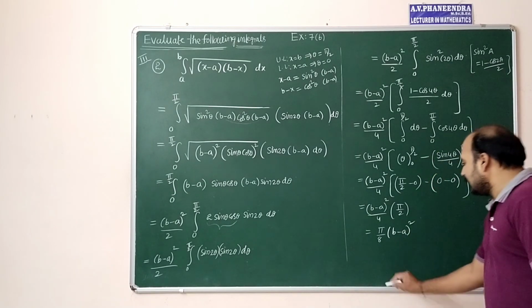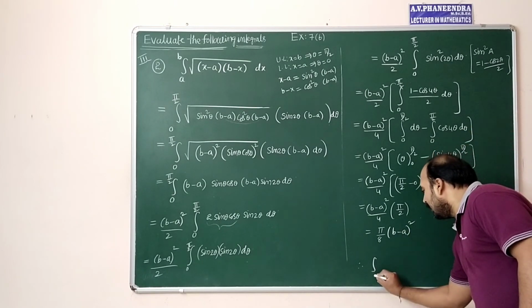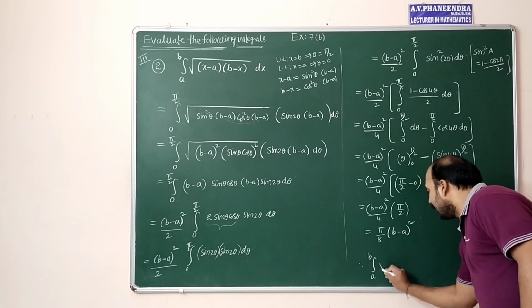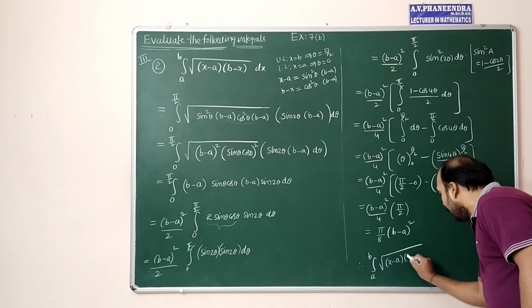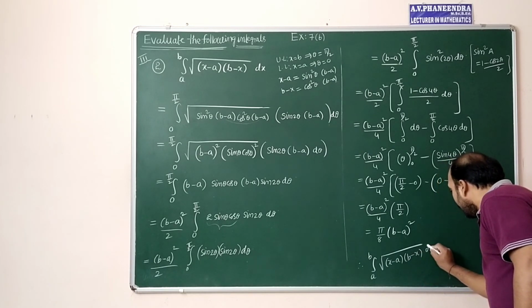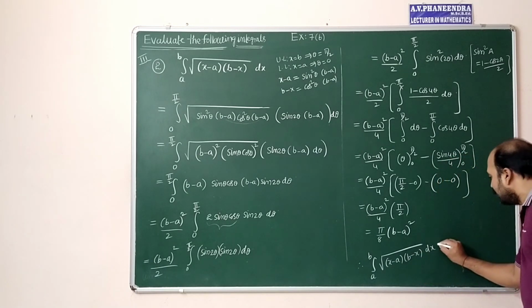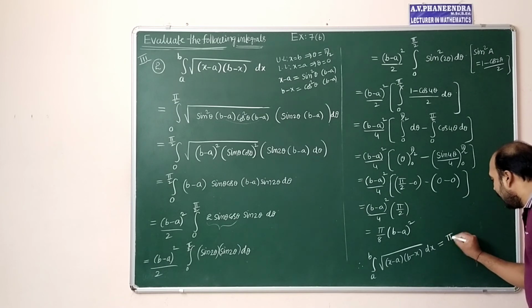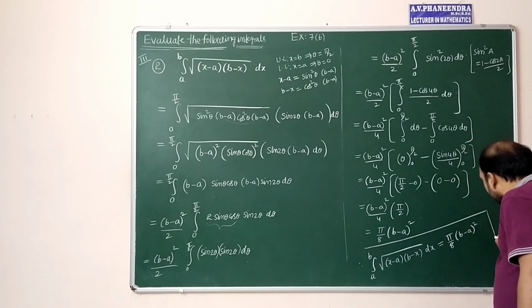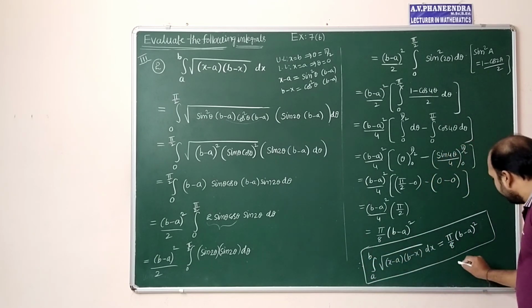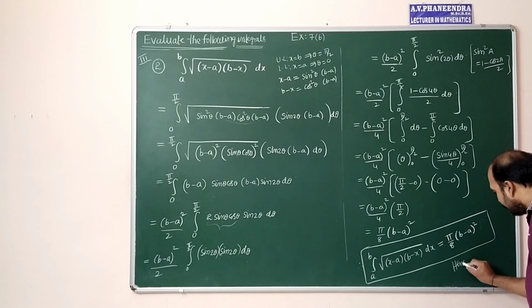And hence the result: therefore integral a to b square root of x minus a into b minus x into dx is equal to pi by 8 into b minus a whole square. Hence the result.